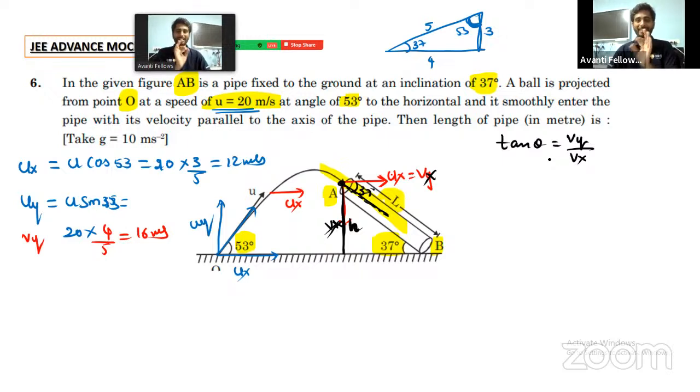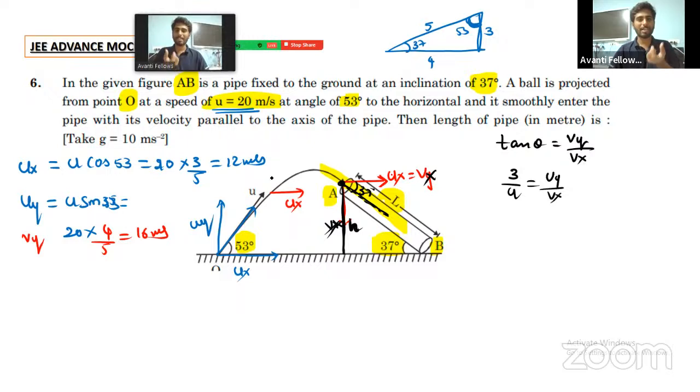Tan 37 is opposite by adjacent, which is nothing but 3 by 4. So 3 by 4 is equal to Vy by Vx.